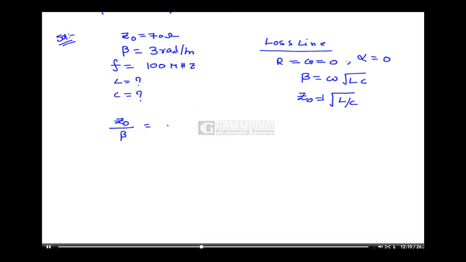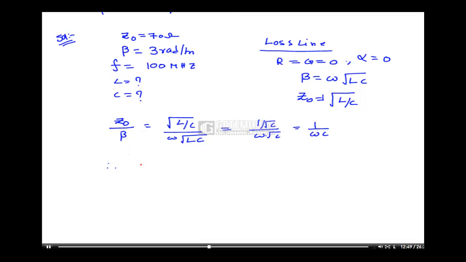Z0 is square root of L by C, and beta is omega into square root of LC. Square root of L cancels out. The remaining thing is 1 by root C by omega into root C. So this is nothing but 1 by omega C, since root C into root C is equal to C. So Z0 by beta is equal to 1 by omega C.